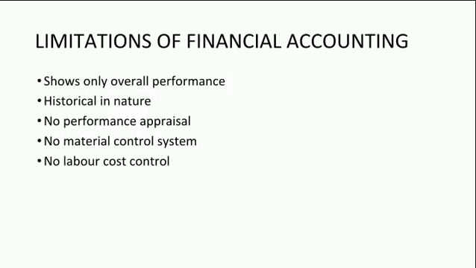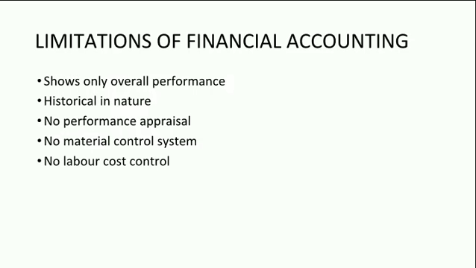The next limitation is that there is no material control system. Generally, when we prepare the trading and profit and loss account, the very first item we write is "To opening stock, to purchase of raw materials," and on the credit side we would write "By closing stock and by sales."